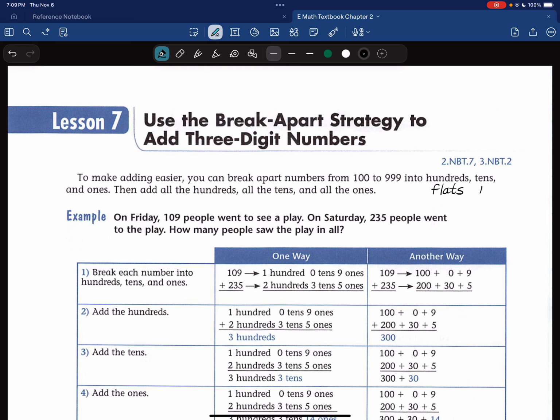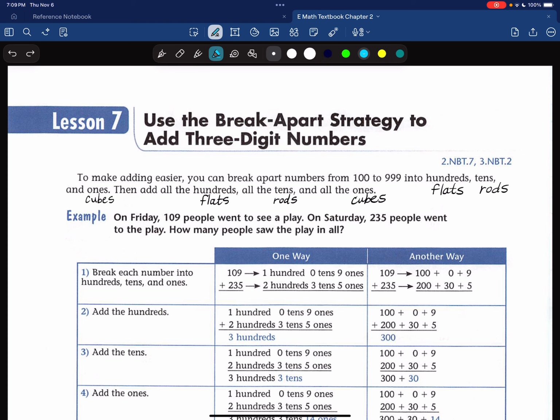Tens are rods, and ones are cubes. Then add all the hundreds, all the flats, all the rods, the tens, and all the ones, the cubes. So here's an example.